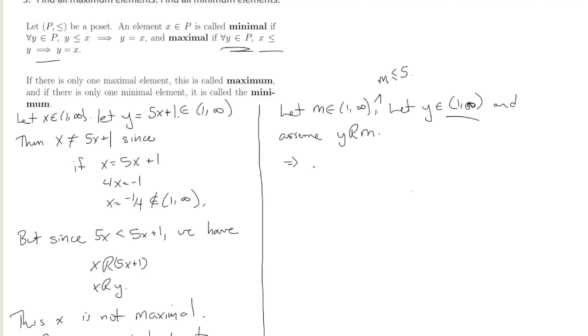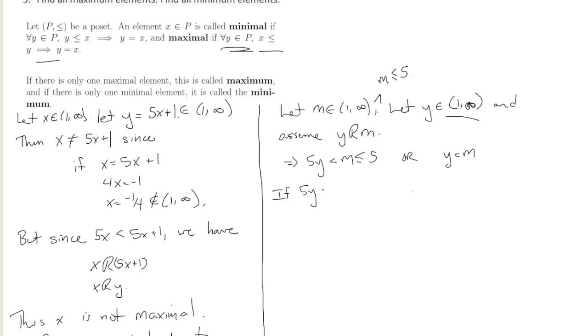Well then, if we've assumed that, either 5y is less than m, or y equals m. But if 5y is less than m, but m is less than or equal to 5, and so maybe I'll just write that a little bit nicer.